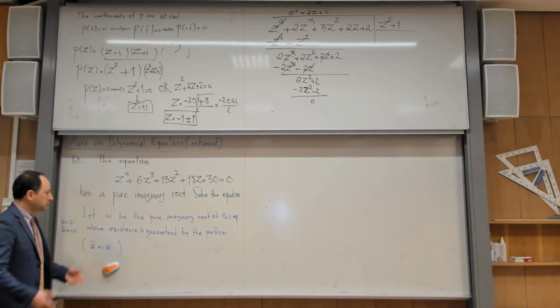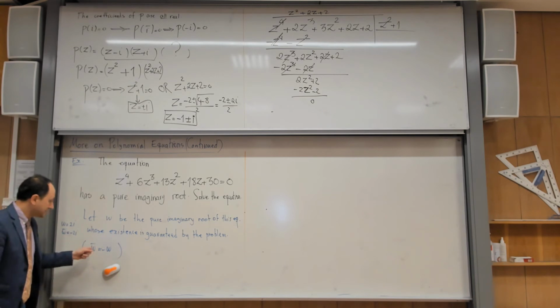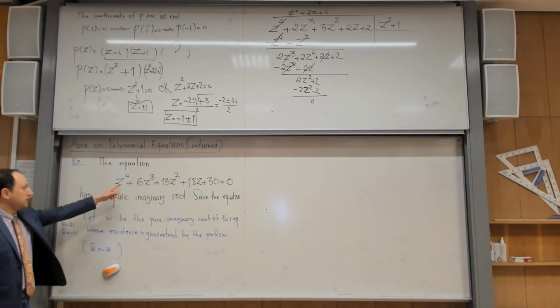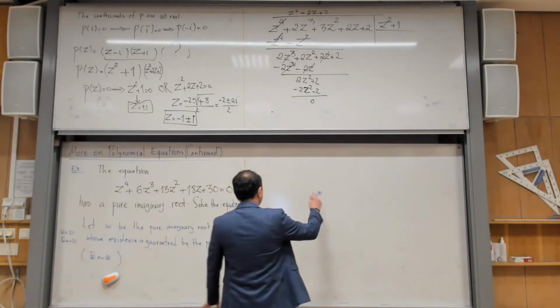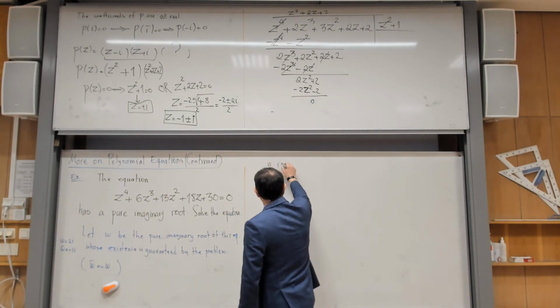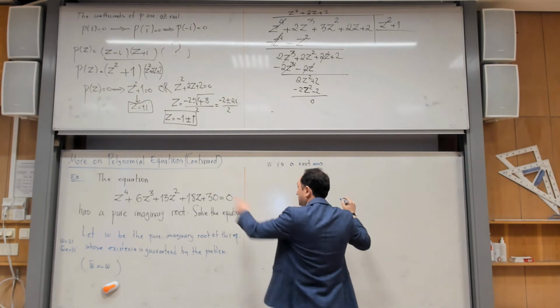By the way, I don't know the solution, so I'm just thinking loudly, okay? What I know is that this W satisfies the equation because it is claimed to be a root. So W is a root. This means that it satisfies my equation.